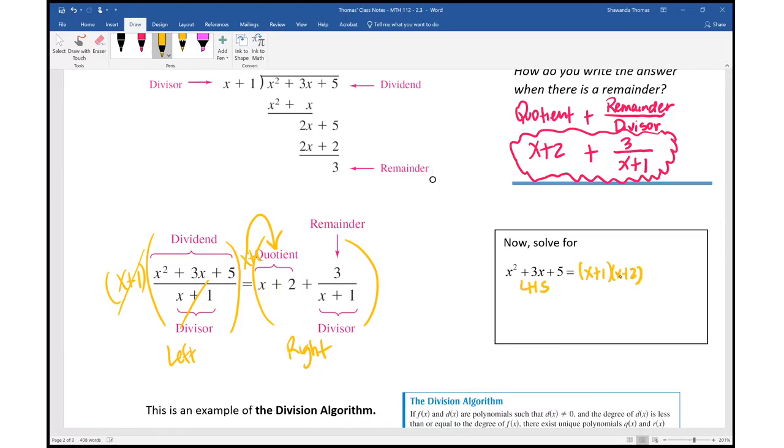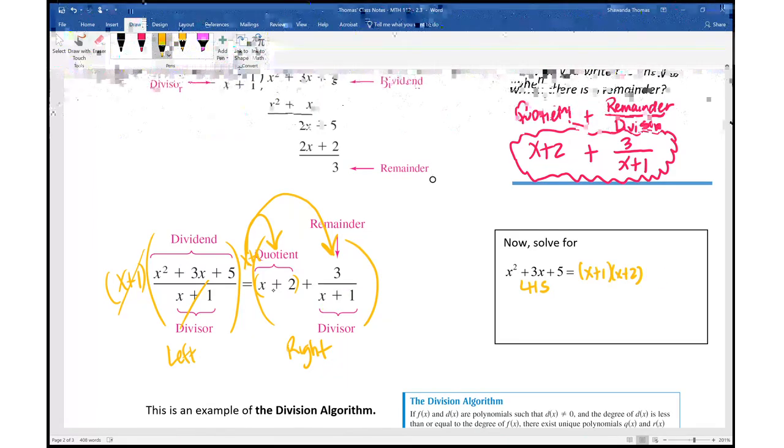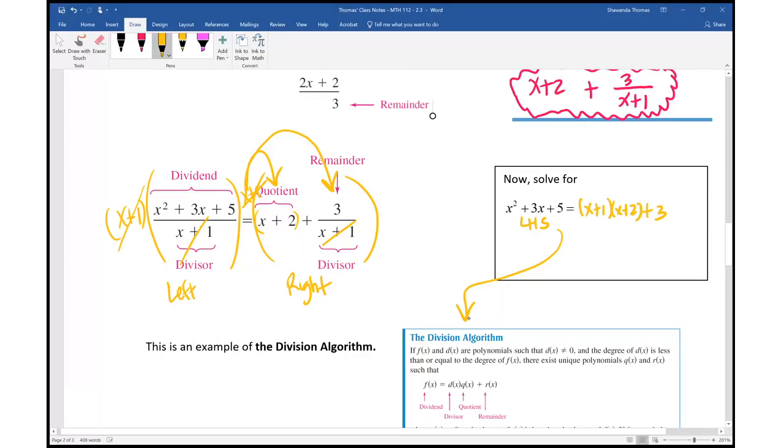Just leave it like that. And then you will multiply x plus 1 times 3 over x plus 1. I treated that like that went together, so I just wrote x plus 1 times x plus 2. And then if you multiply x plus 1 times 3 over x plus 1, the x plus 1's cancel. This is known as the division algorithm.